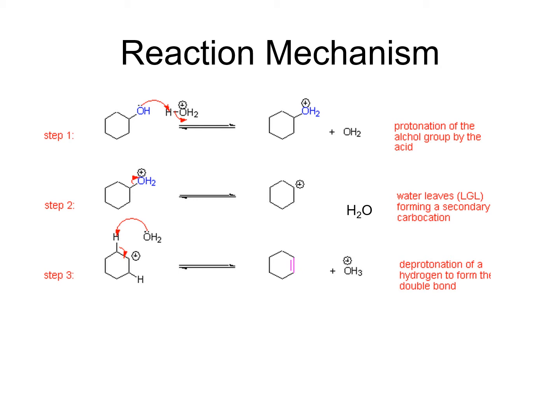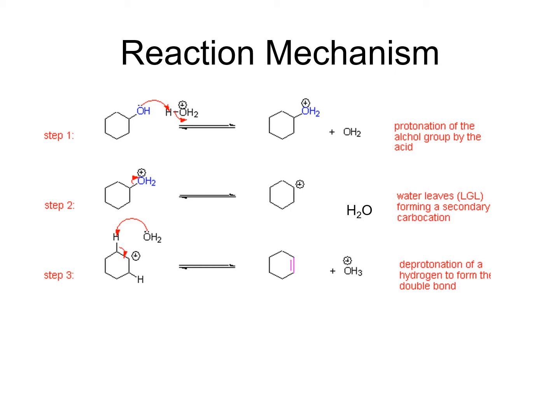Then in step 3, the secondary carbocation, now we get to the part of the alpha-beta elimination, or 1,2 elimination, where you can notice the 2 adjacent carbons to that carbocation. Those are your beta carbons, and those beta hydrogens are what are going to be abstracted by water. It could work at either one. It doesn't matter, because if you flip the molecule, it's exactly the same symmetrically.